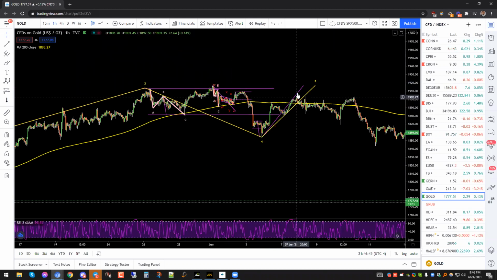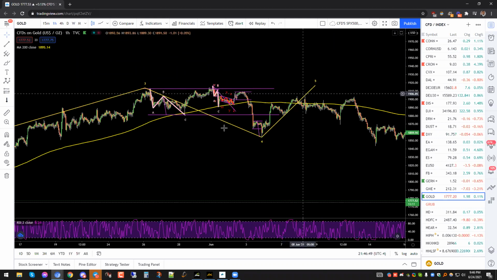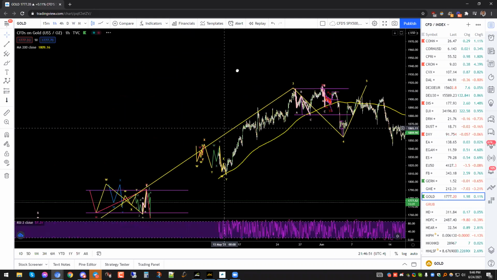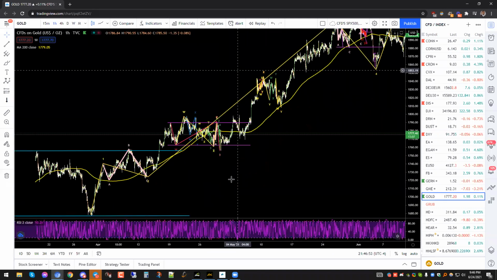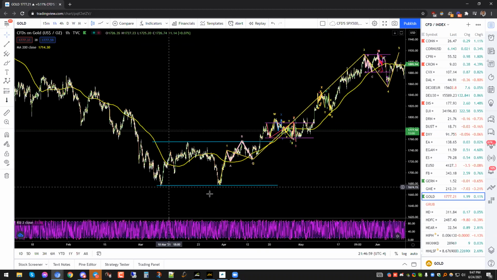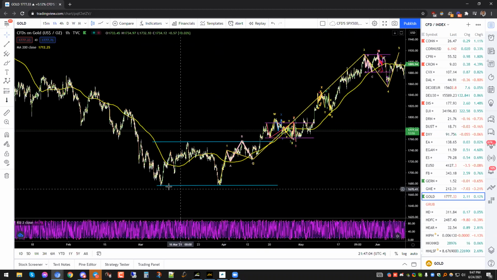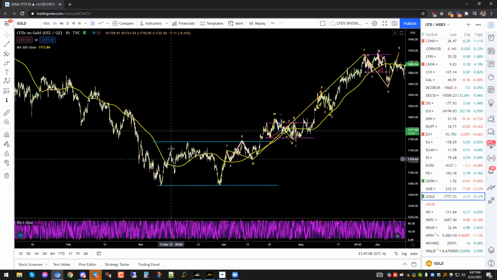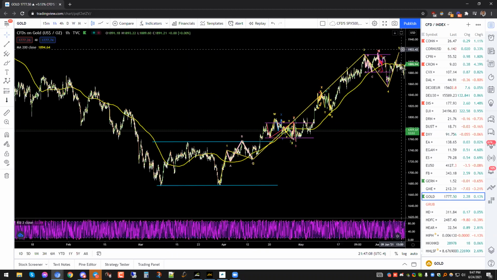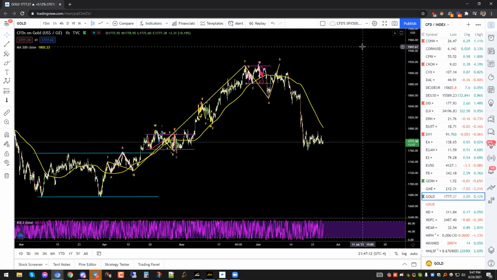Okay, let me see if I can just remove some of this. So this was me. I can't remember when I did this forecast. I was looking at this as a potential 1, 2, 3 to the upside. This is wave 3, and then we get a wave 4 correction, and then wave 5 back to the upside, right?